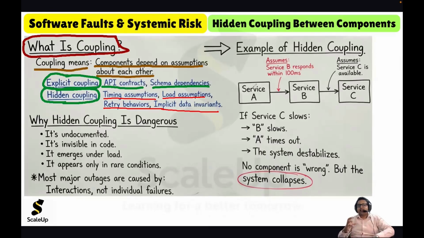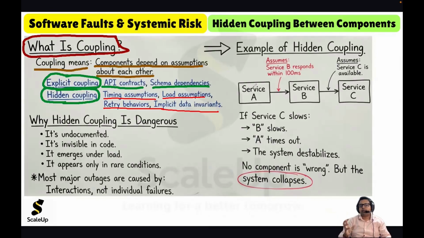The idea is that explicit coupling is visible to us, and we can control it via code. For example, let us suppose our software system depends on a third party API. If the endpoint gets altered, we can change it in the code.